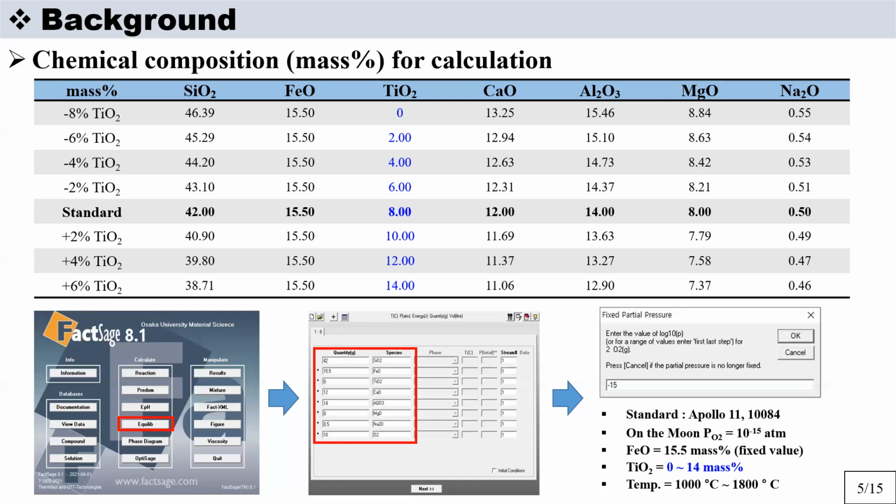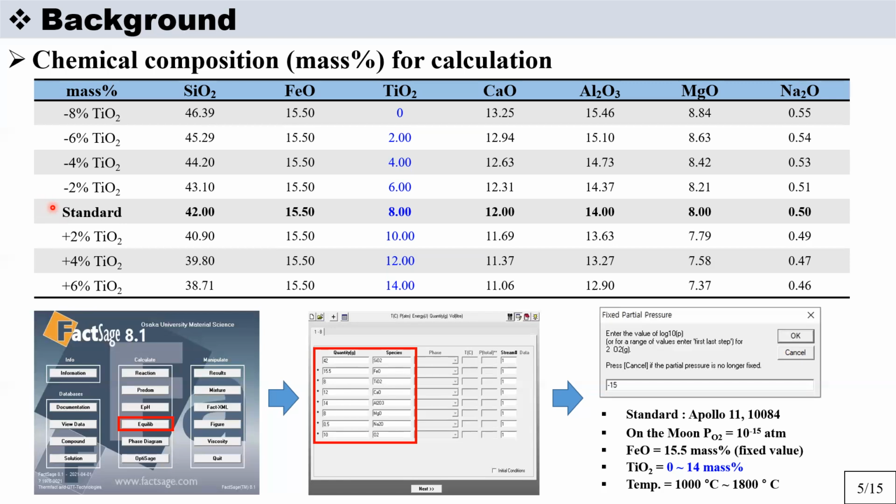Therefore, we applied FactSage calculation to investigate the equilibrium behavior of the lunar basalt and the viscosity of molten slag. This table shows the calculation conditions. We selected this composition as the standard composition on the basis of the information obtained from Apollo 11 data.